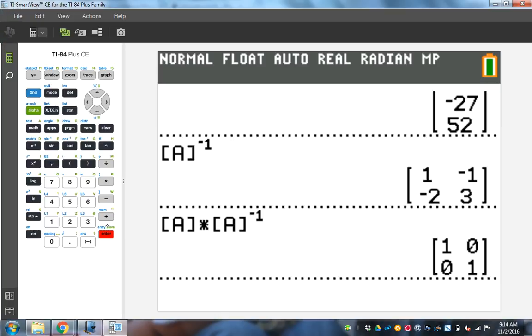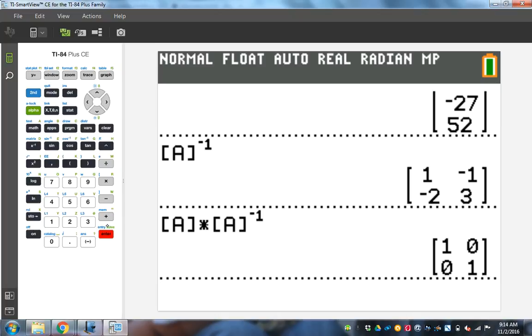If they're 3x3 matrices, you'll have a matrix that's 1, 0, 0, 0, 1, 0, 0, 0, 1 for 3x3. So you have what's called the I3 matrix, which is a 3x3 with just a 1 in each row diagonally. So it's really just a simple multiplication to verify that.